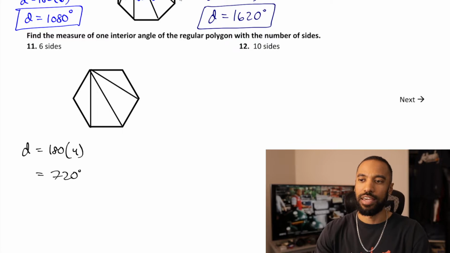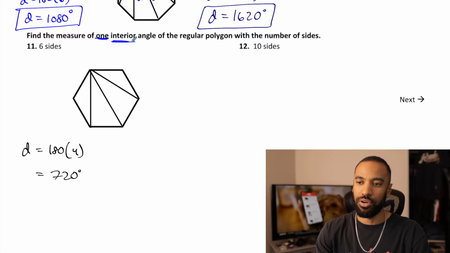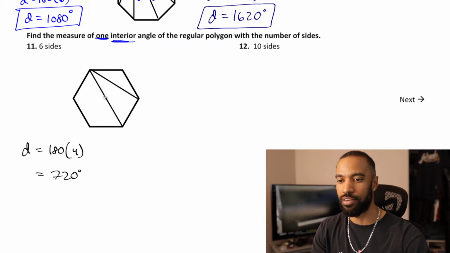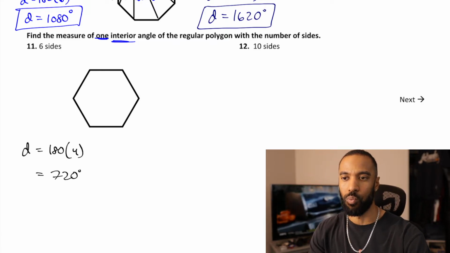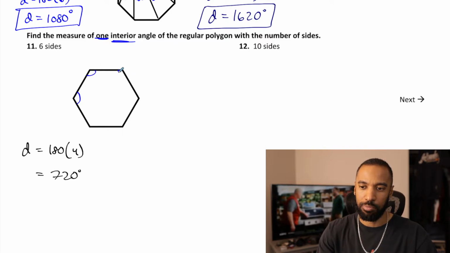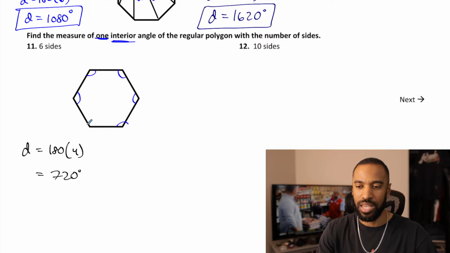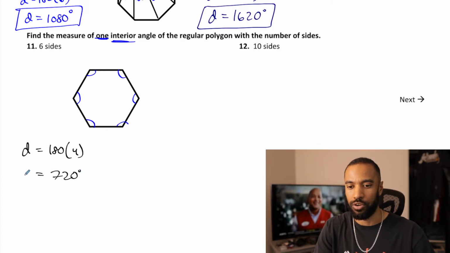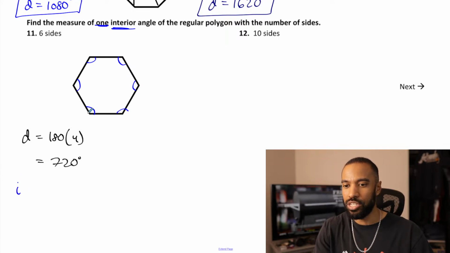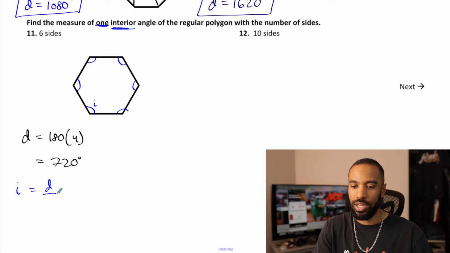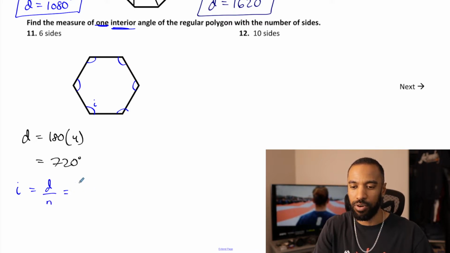Now, they're asking, find the measure of one interior angle of the polygon. So if they all together add to 720 degrees, what is just one of them? If they're all the same, this plus itself 6 times is 720 degrees. If there are 6 angles that add to 720 degrees, you take your interior angle sum and divide by the number of sides.